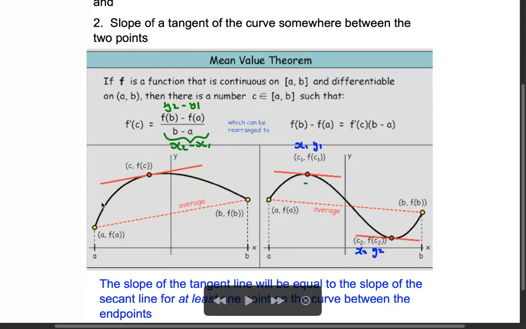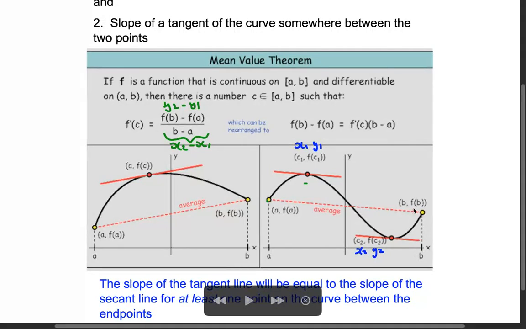Often there will only be one solution here. So this is an example where there's one point between a and b, right here at c, that has that property. But sometimes it can be more, depending on the function. Here's another example. Here I have an endpoint on my left, which is a, and an endpoint on my right at x equals b.